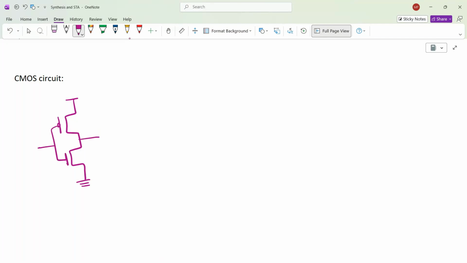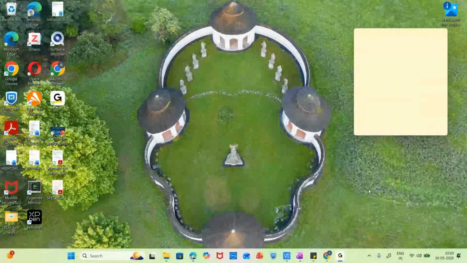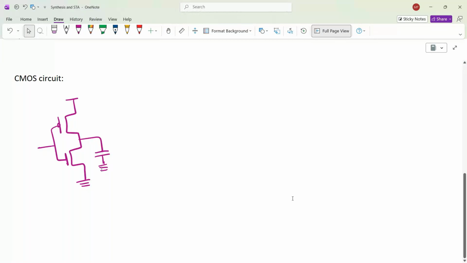Can anyone give me the idea? How does this CMOS inverter work?